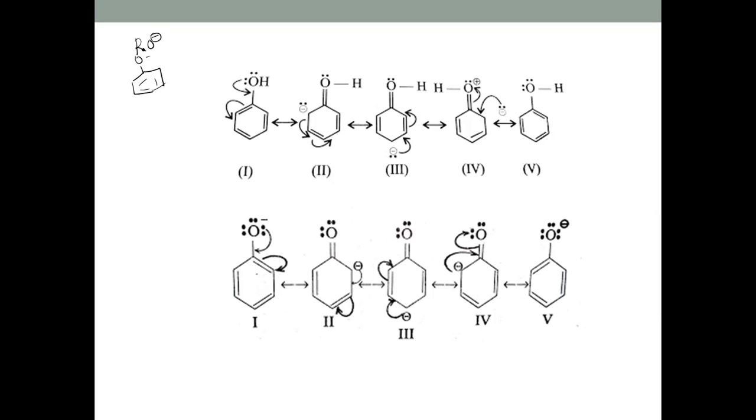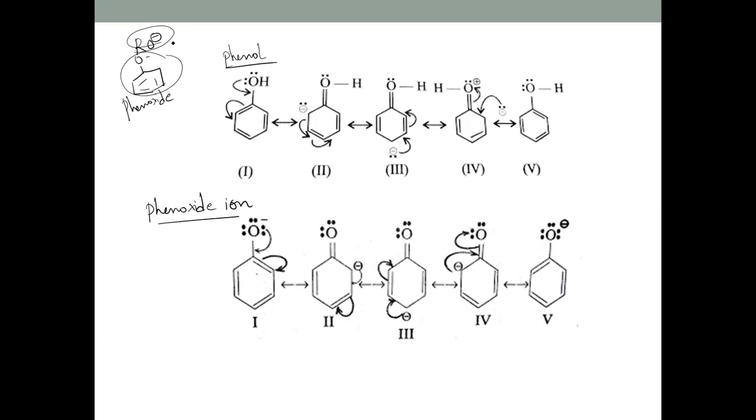So if you look at the stabilization here, OR minus is not resonance stabilized, but this phenoxide ion is resonance stabilized. These are the resonance structures of phenoxide ion. And these are the resonance structures which are seen in phenol.